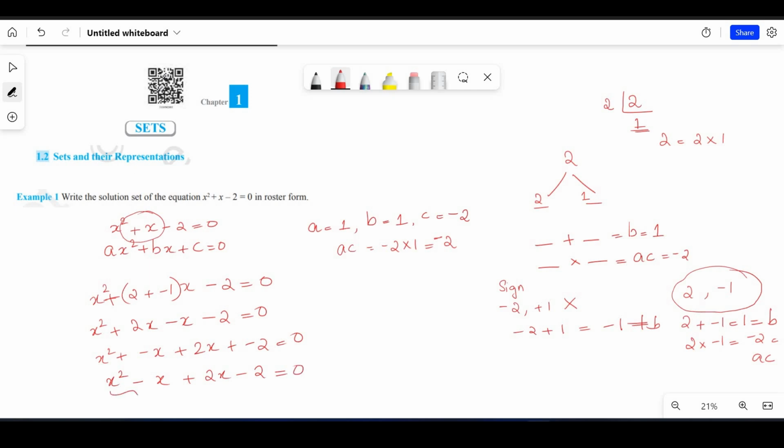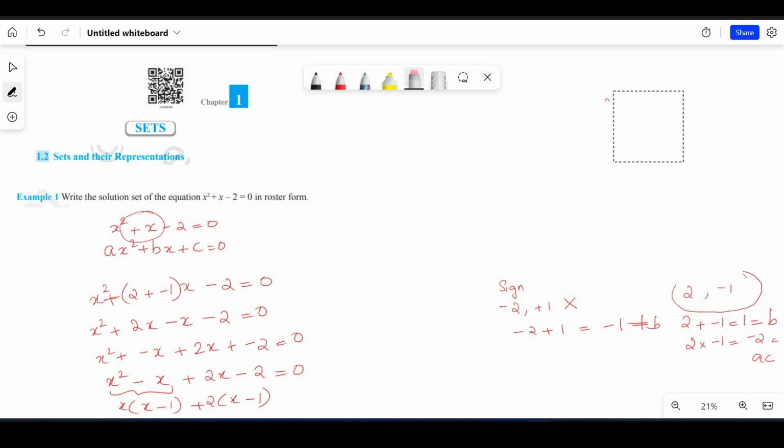Now let me take x common from here. It becomes x minus 1, plus 2 common from here, it becomes x minus 1. So x into x minus 1 plus 2 into x minus 1 equal to 0.